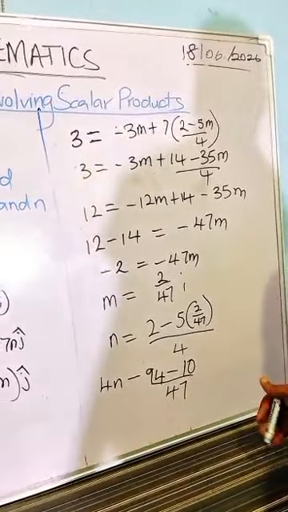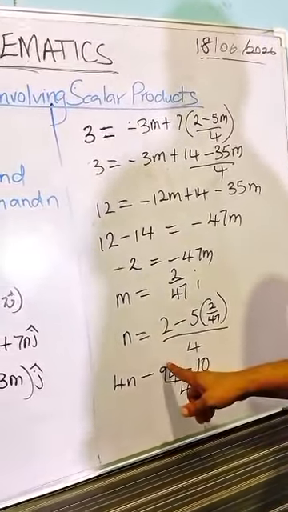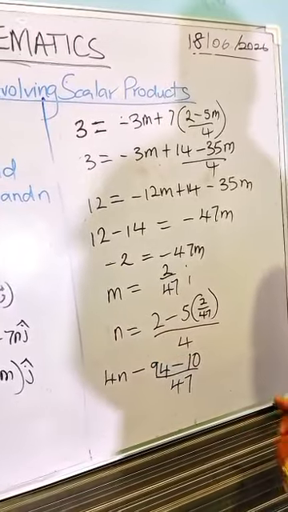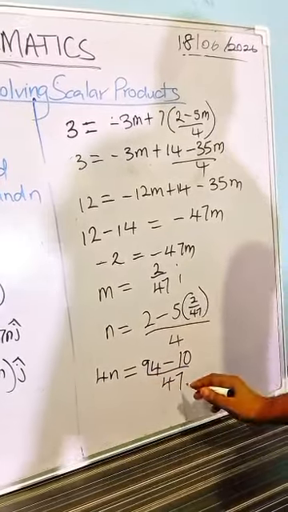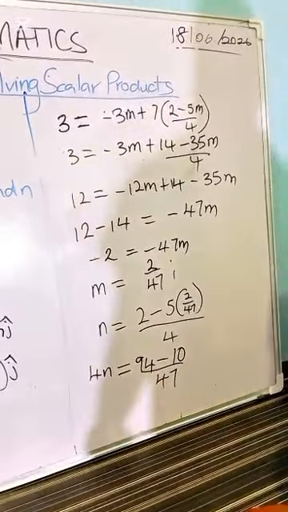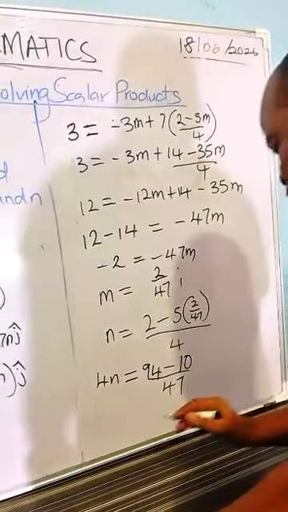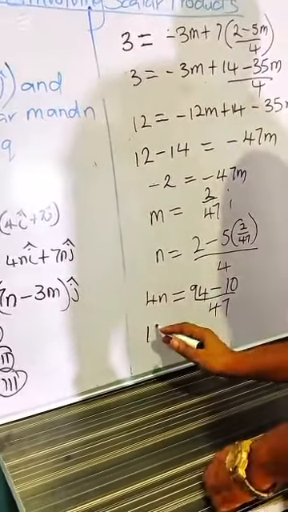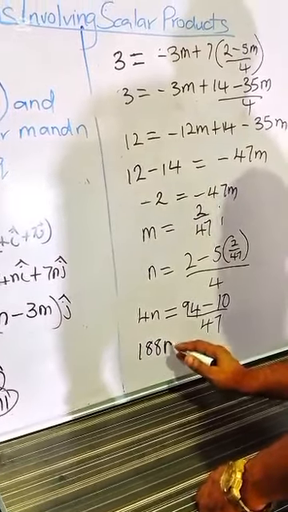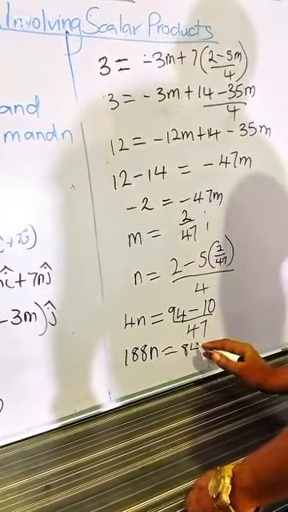At this point, 94 minus 10 is 84. Let's cross multiply this and see where we are going to be. 4 times 47 is 188, which is equal to 84.